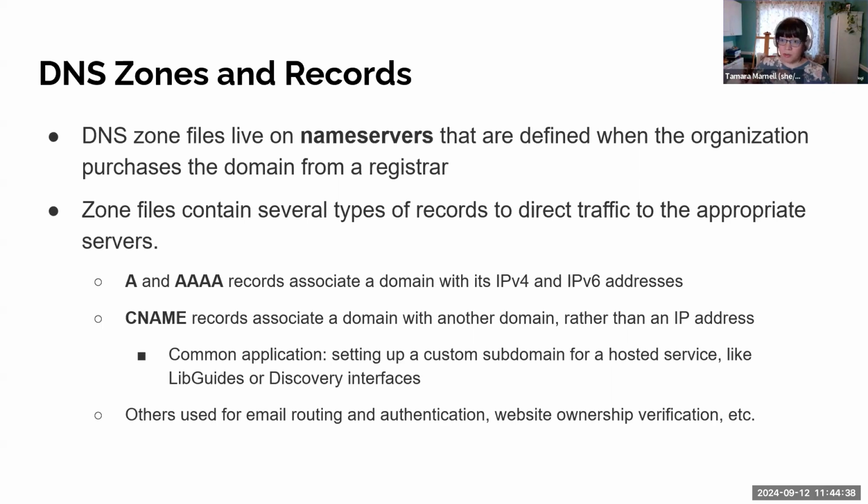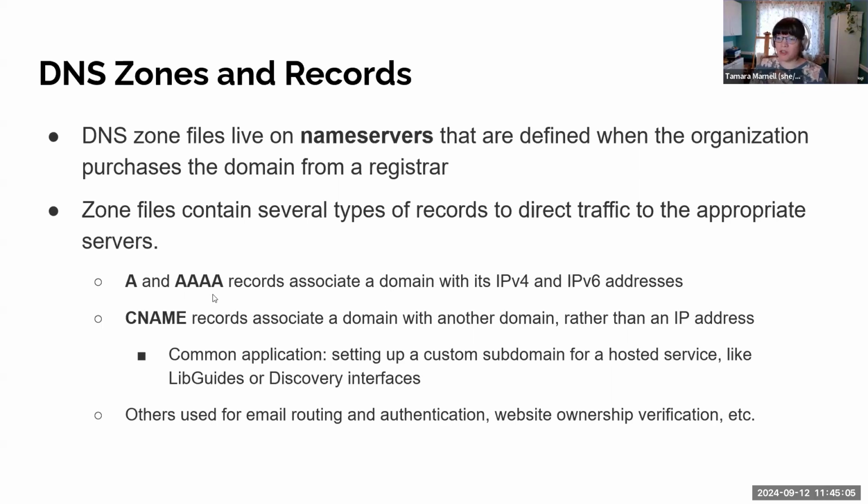And then those name servers have these files that define what goes where. So they can contain several different types of records to direct traffic. A and quadruple A records associate a domain with the IP version 4 and IP version 6 addresses. In that example of nslookup before, those were returning A and AAAA records.